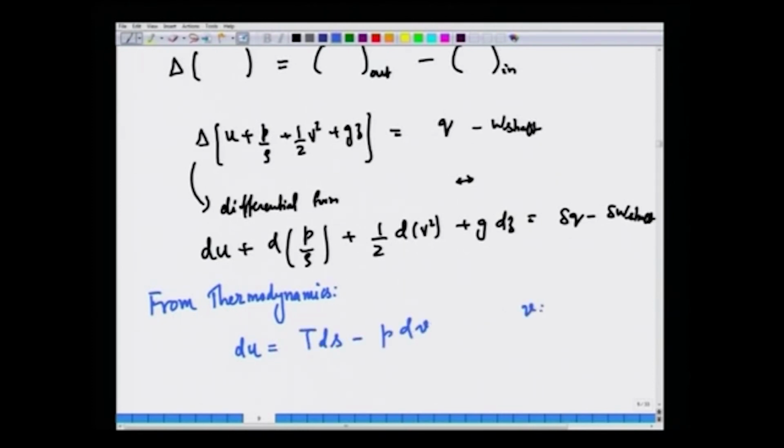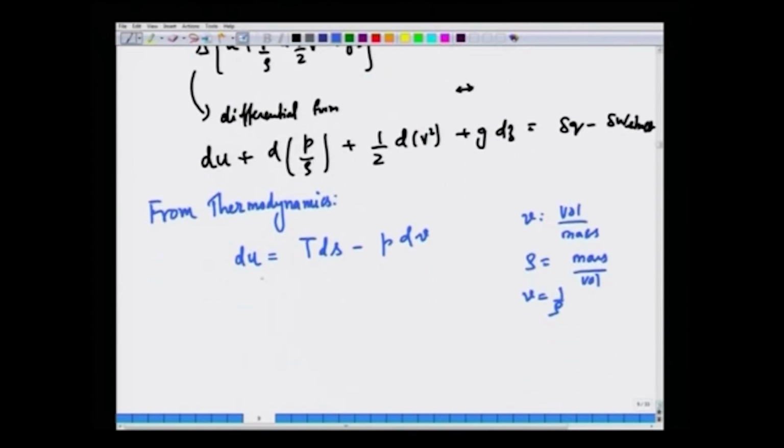V is the specific volume per unit mass, while rho is mass per unit volume. So, V is 1 over rho in our notation. So, this is a well known relation in thermodynamics, the combination of first and second law of thermodynamics. So, we will write this as du is T ds minus P d of 1 over rho.